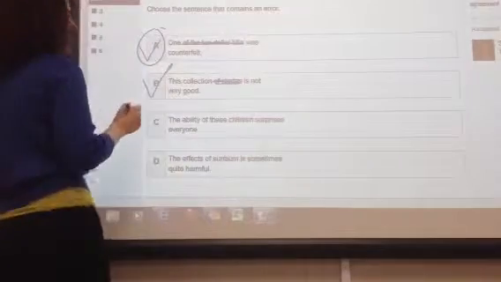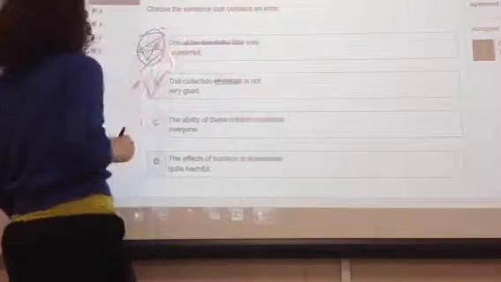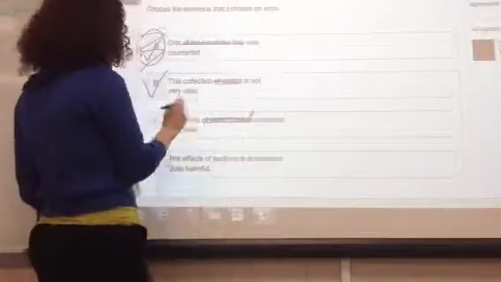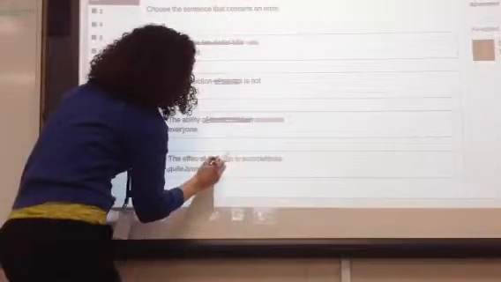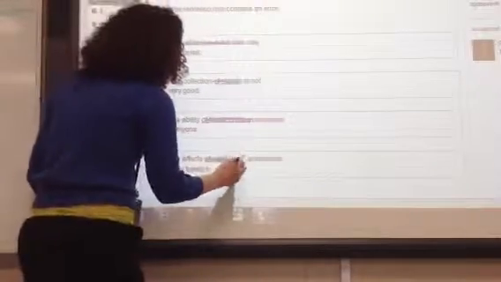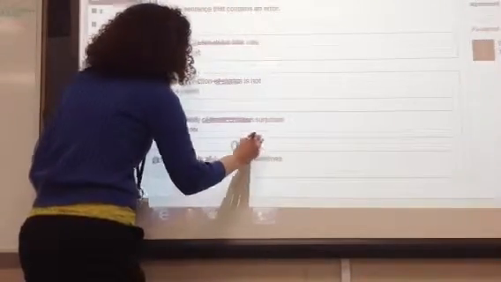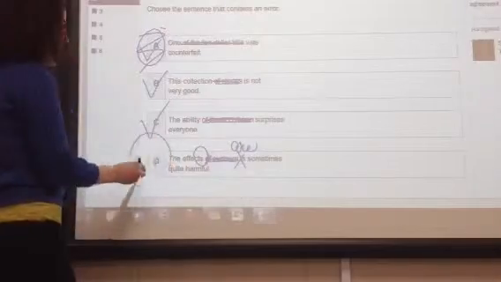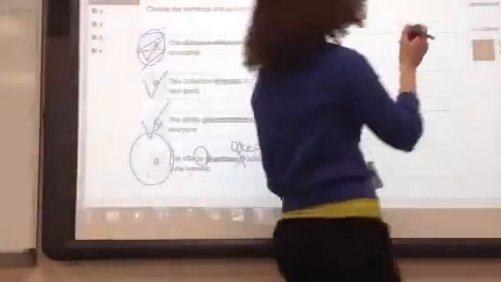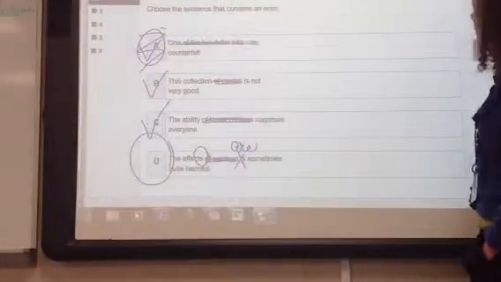That one's correct. Okay, we're looking for an error, right? So forget that I circled that. The ability of these children surprises everyone. Correct. The effects of sunburn is sometimes quite harmful. No. The effects with an S on the end are sometimes quite harmful. So your correct answer was D. That's the one with an error.